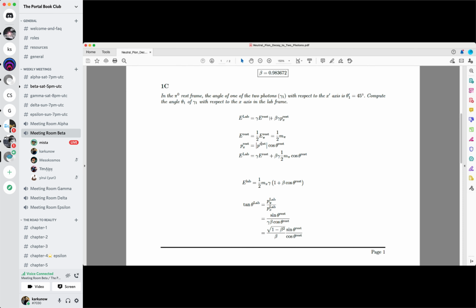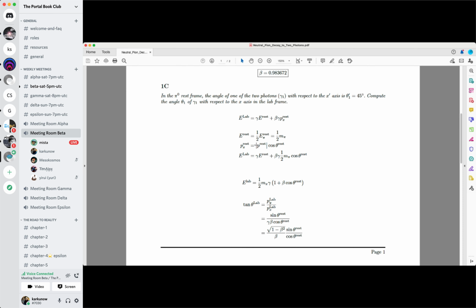It doesn't matter what theta rest is, but if the first photon is at theta rest, the second photon will be at theta rest plus pi. Yeah, of course, that's just imposing conservation of four-momentum, in other words, conservation of energy and momentum. So, yes, I guess I could have written out that step.